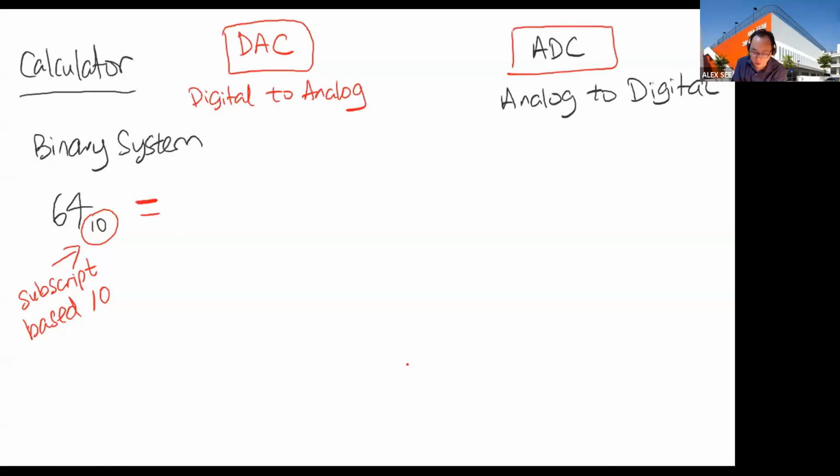Can you convert this into binary? How to do it? I believe you know how to convert to binary form. What is 64?